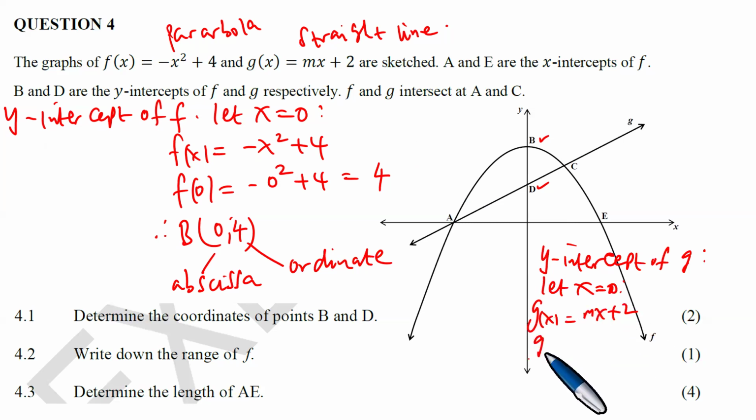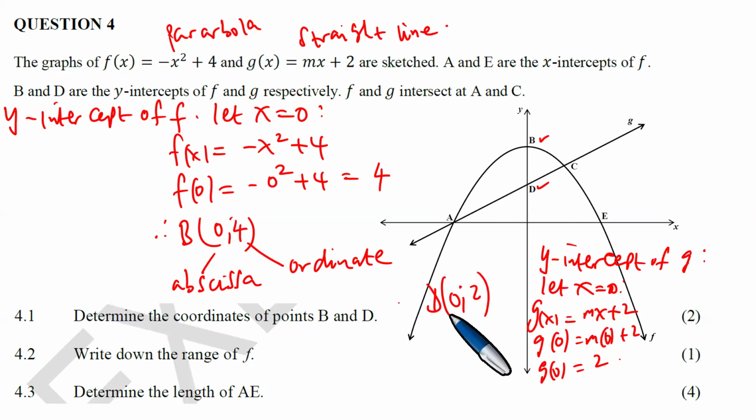Which means you're dealing with g of 0, which is m of 0 plus 2. m of 0 is 0, plus 2, which is 2. Now giving us the coordinates of D. Now you have here x is 0 and y is 2. In the same way, the 0 is called the abscissa and y is called the ordinate.